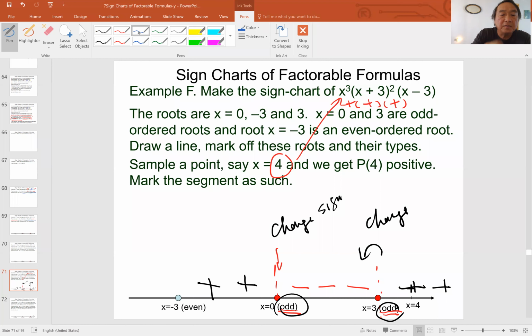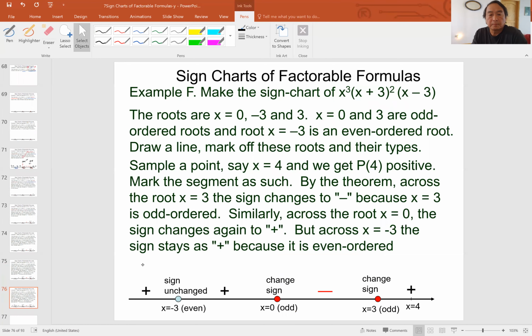Now here come the even roots, and the even root says when you cross an even root, the sign doesn't change. They're the same on both sides of an even order root. So therefore, this is the sign chart. And that's what the theorem tells you.